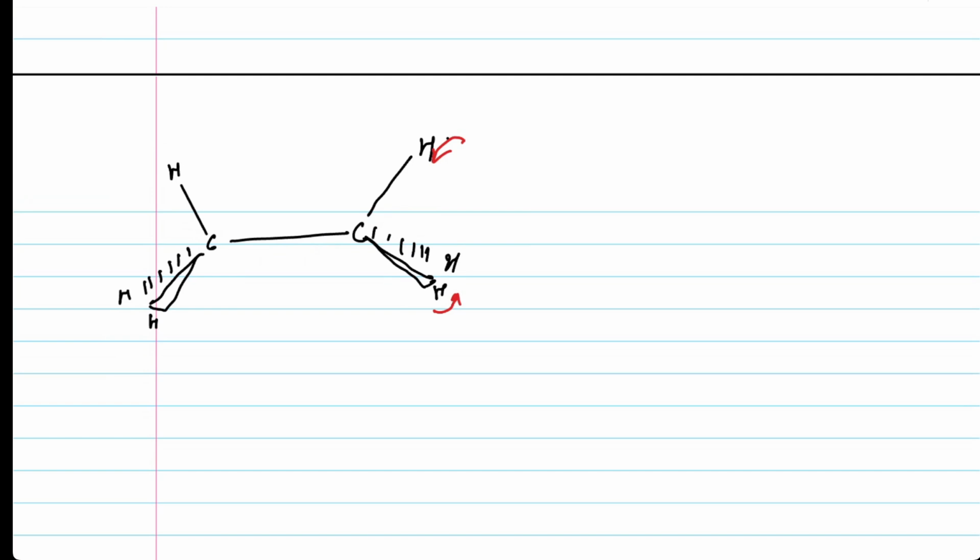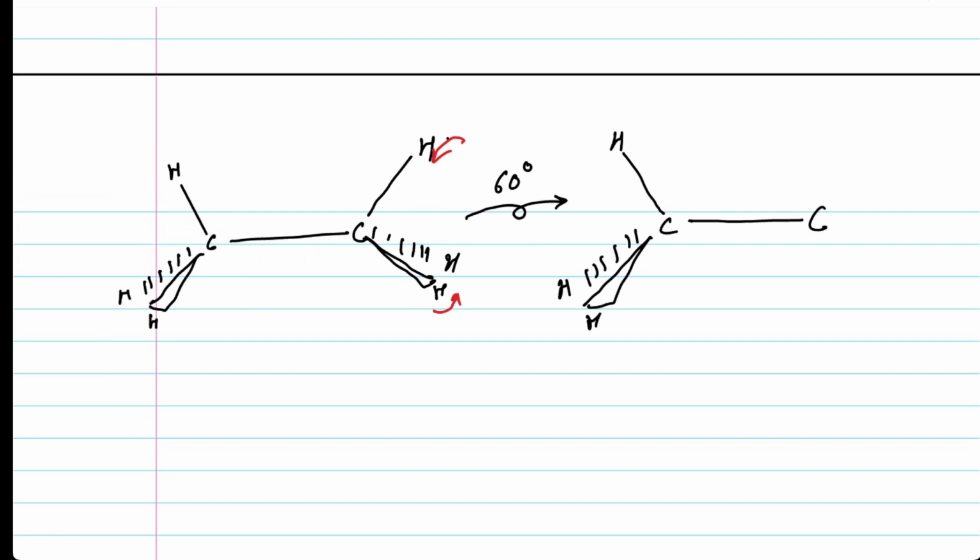So turning it, maybe by something like 60 degrees, this particular carbon's hydrogens remain the same, but the other carbon's hydrogens change their relative position.